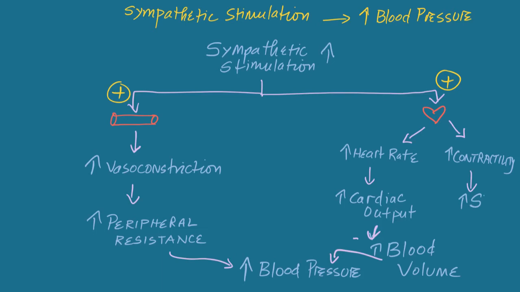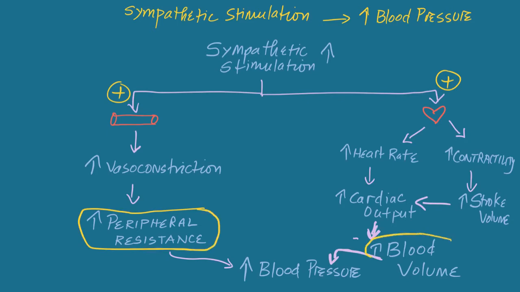There's the up arrow for stroke volume. And when stroke volume increases, cardiac output increases, which increases blood volume and increases blood pressure. As we can see, two major factors, peripheral resistance and blood volume, when increased, increase blood pressure as well.